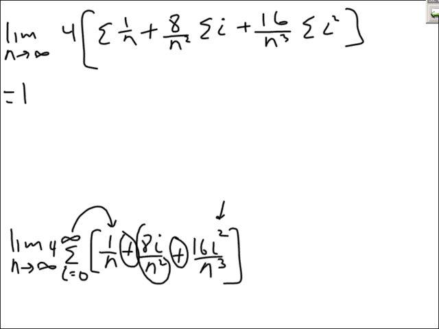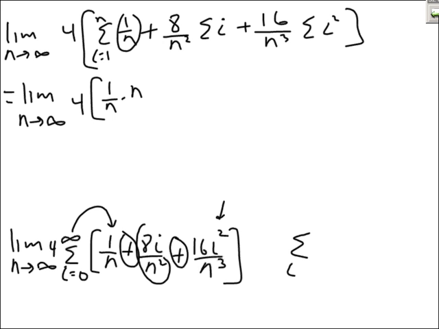So this is equal to the limit as n tends to infinity of 4 times, as i goes from 1 to n, that's a constant. So that constant gets multiplied by n. The summation as i goes from 0 to n of a constant is c times n.